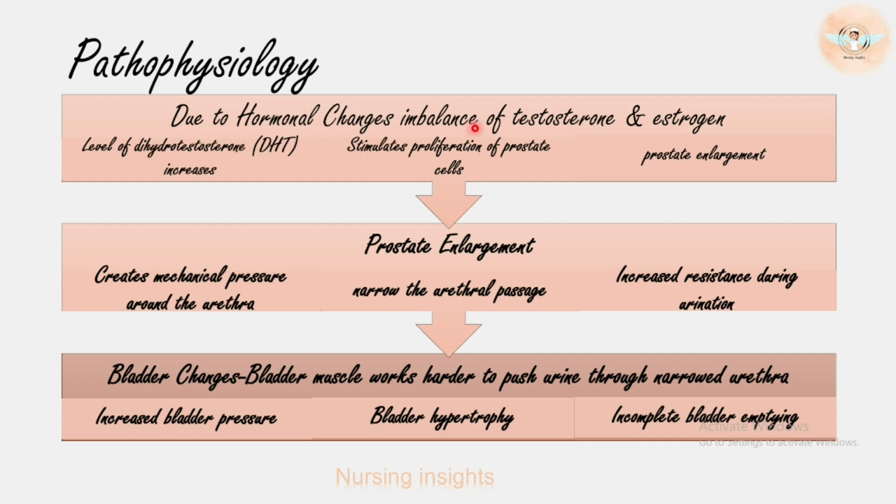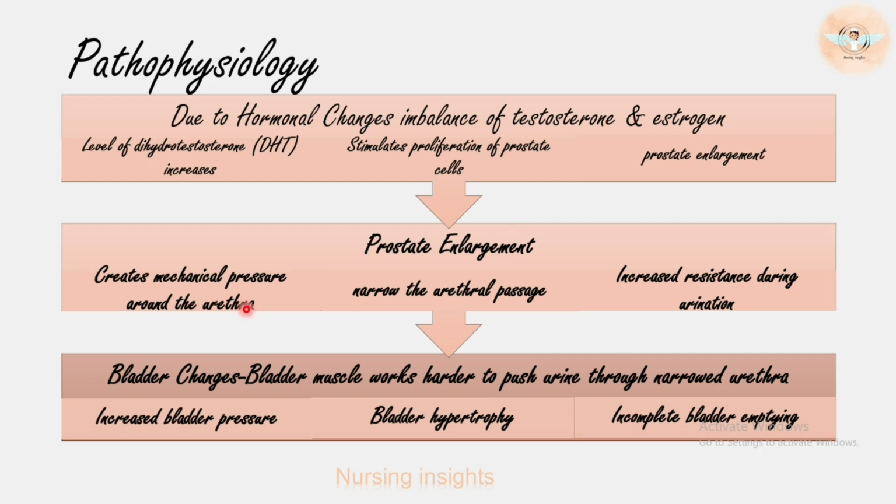When there is an imbalance of testosterone and estrogen, it leads to increased production of dihydrotestosterone, that is DHT. As a result, it leads to prostatic enlargement. We know the prostate is situated on two sides of the urethra, so it creates mechanical pressure around the urethra.